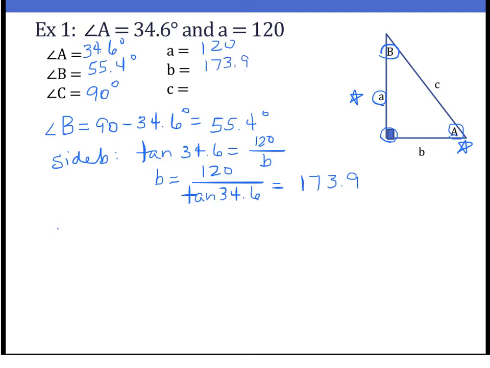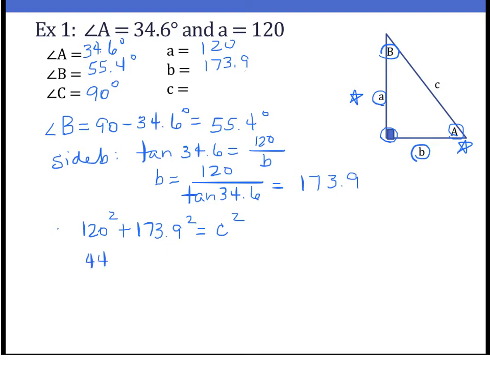Now the last thing is to solve for side C, and this is a right triangle, so we can use the Pythagorean theorem. So my A squared means I'm going to do 120 squared, plus 173.9 squared, and that's equal to C squared. Put this into your calculator all at the same time.